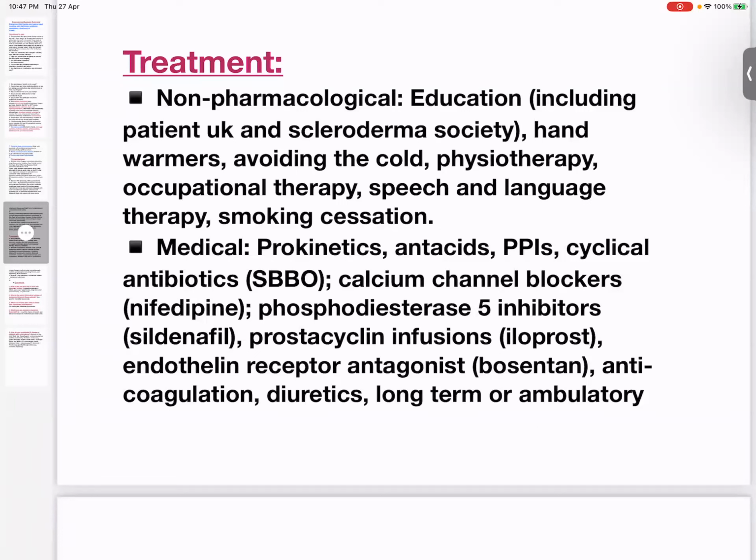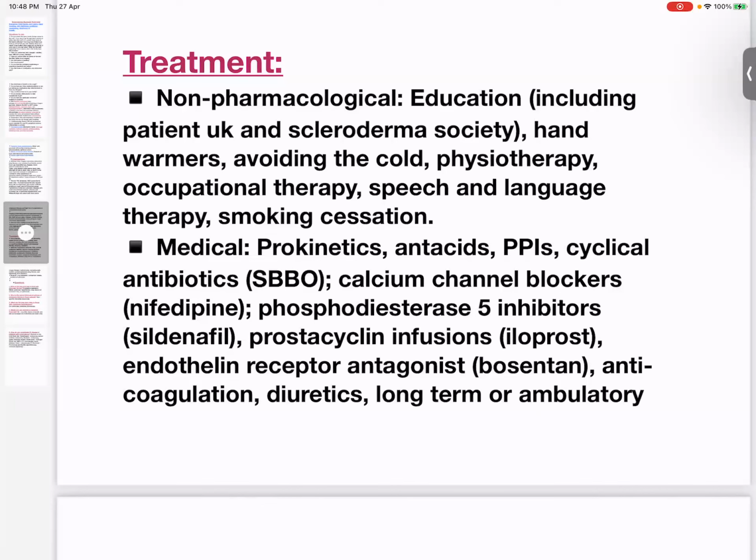Prostacyclin infusion, iloprost. This is for pulmonary hypertension. Endothelin receptor antagonist, bosentan.